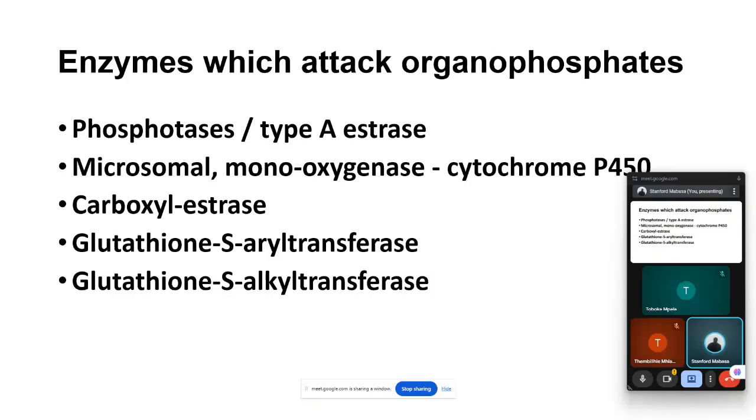Remember, we are trying to talk about the mode of action of organophosphates, how they actually cause damage to the pest, what sort of processes are involved. This is the key issue.